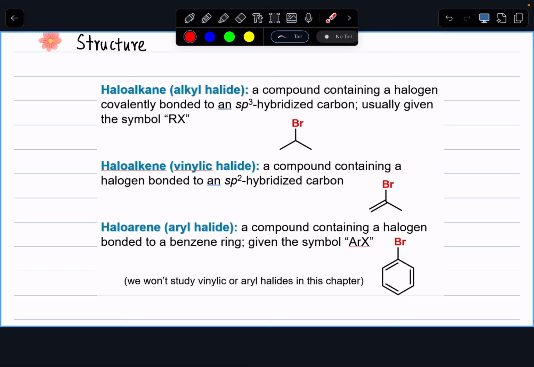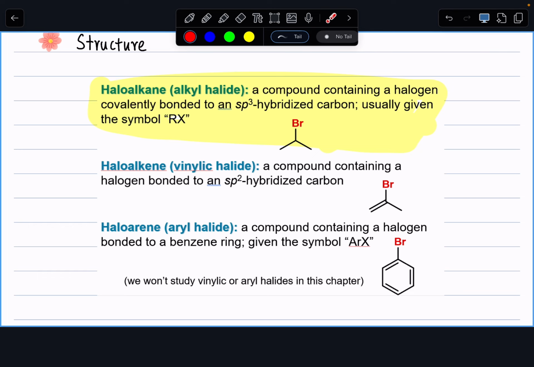Later on, you'll also learn molecules like haloarenes, where you have a halogen bound to an aryl group. In chapter 8, we'll be focusing on reactions of haloalkanes. Some of the things you already know, like addition to these vinylic halides based on their double bonds. But for chapter 8, the new things come from the haloalkane.